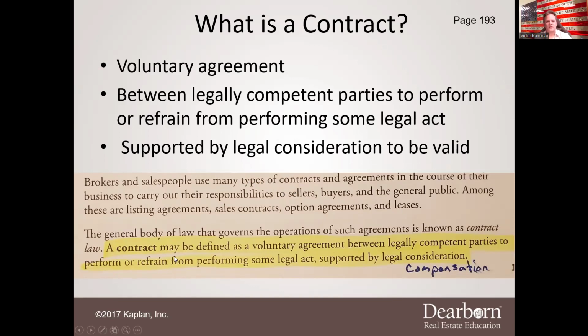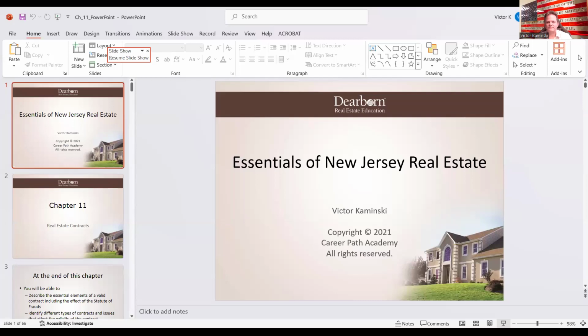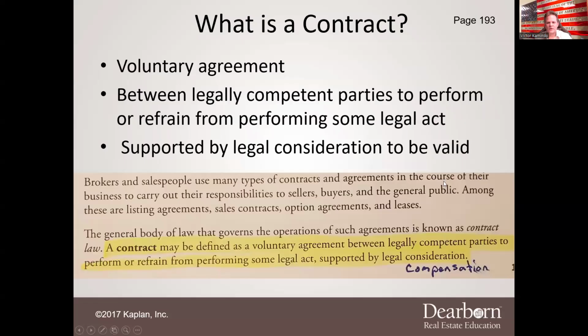So let's highlight there. A contract may be defined as a voluntary agreement between legally competent parties to perform or refrain from performing some legal act that is supported by legal consideration. That's the compensation we receive.